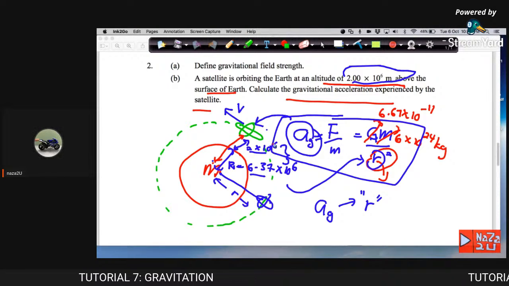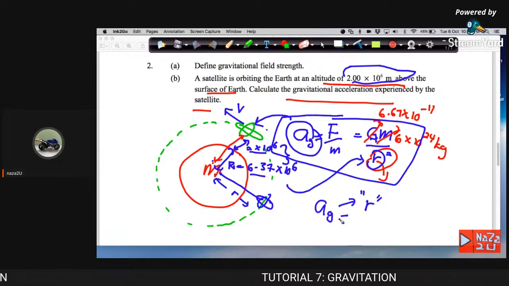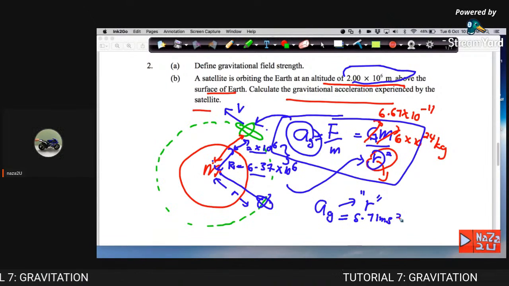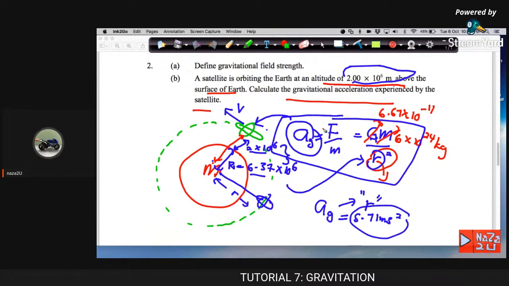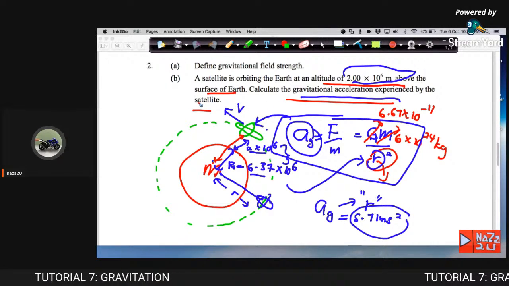So now we have AG is equal to 5.71 meter per second squared. So this is the value of the gravitational acceleration experienced by the satellite.